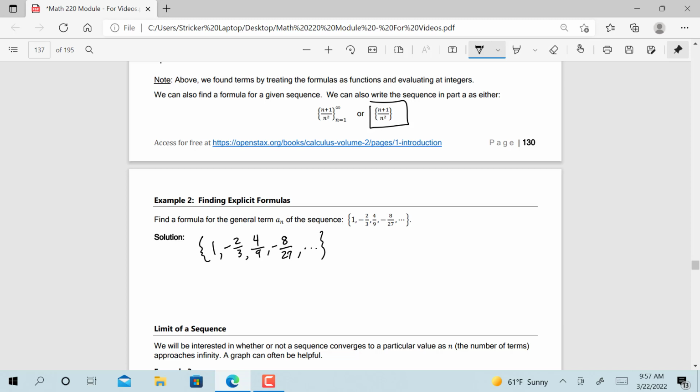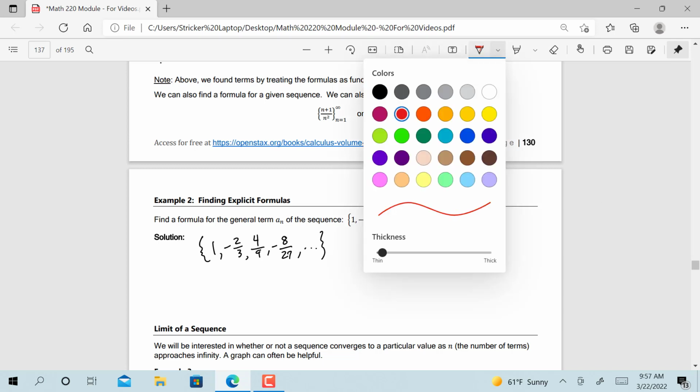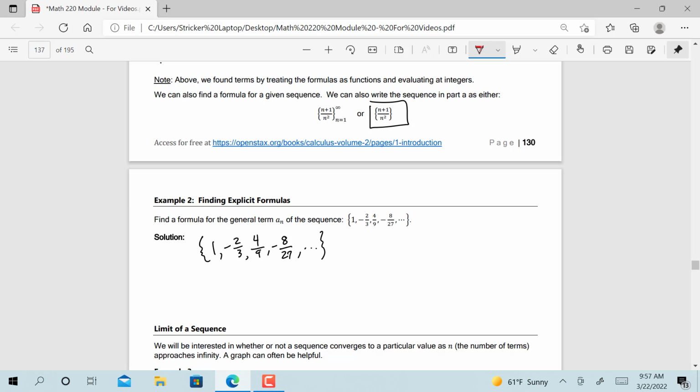So also notice that the numerator seems to be powers of 2, right? 2 to the first power, 2 to the second power, 2 to the third power, and the denominator appears to be powers of what? Just like the numerator was powers of 2, the denominator is powers of, yeah, well, hopefully you said 3.